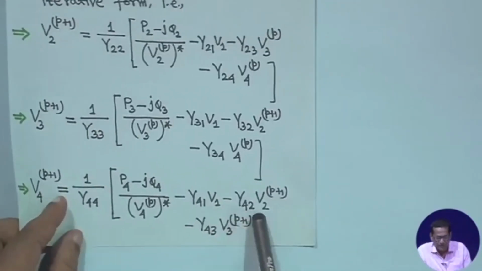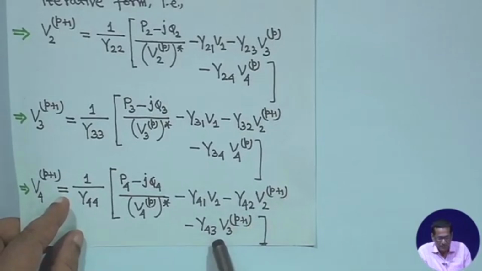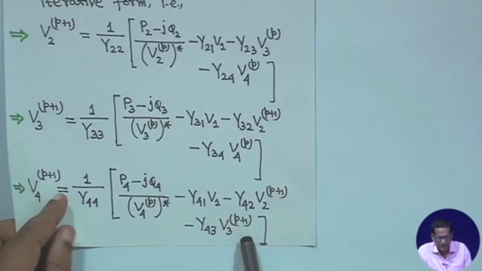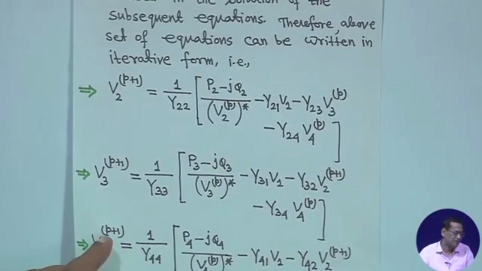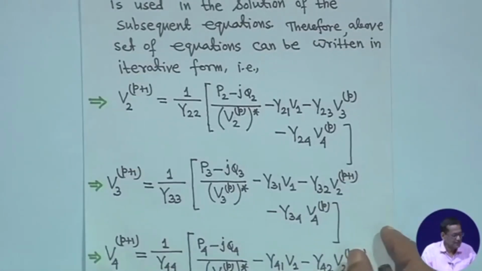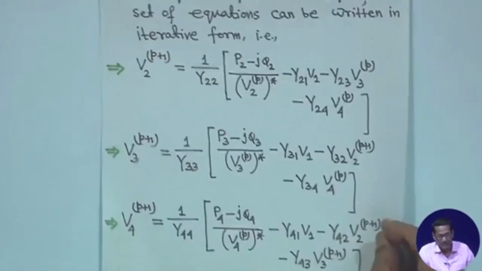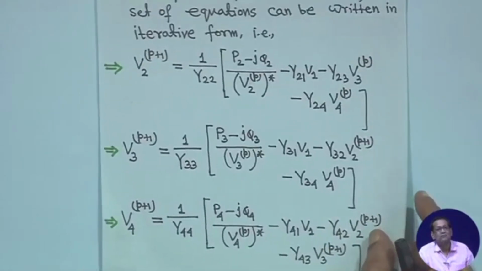So you write minus Y42 V2^(P+1) minus capital Y43 V3^(P+1), such that your convergence will be faster and the number of iterations will be less.